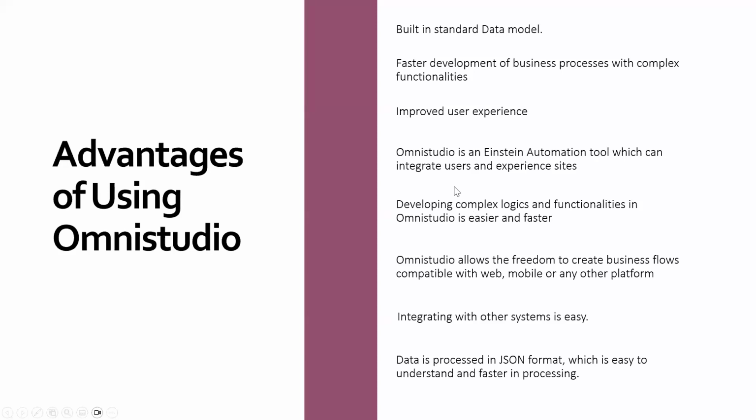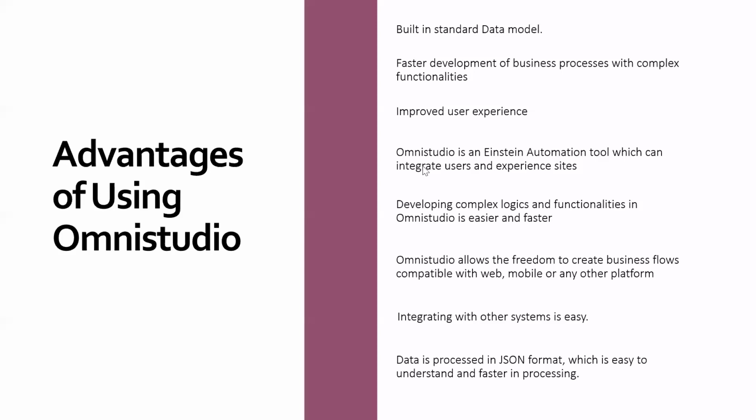And basically, Omni Studio is nothing but an Einstein automation tool, which is part of Einstein automation, and it helps you integrate users with your experience sites, right? Omni Studio components are compatible with experience sites. That means, you remember communities.